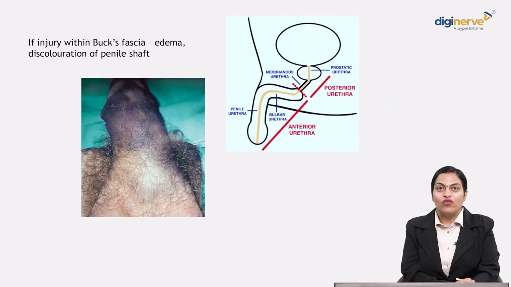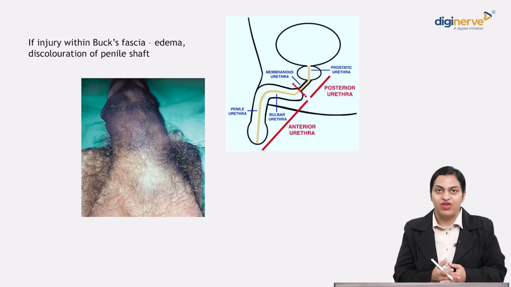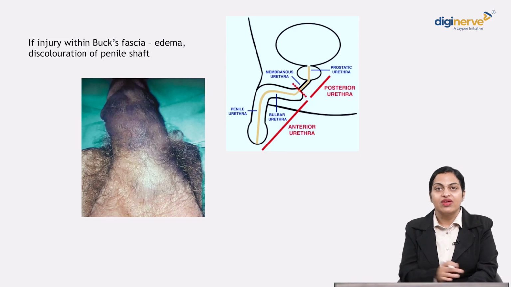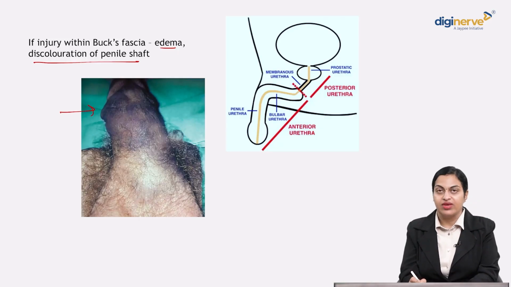In case of anterior urethral injury of the penile urethra, if the Buck's fascia that covers the penis remains intact, so the injury is within Buck's fascia, then there will be hematoma, edema, and discoloration involving only the penile shaft, as you see here.